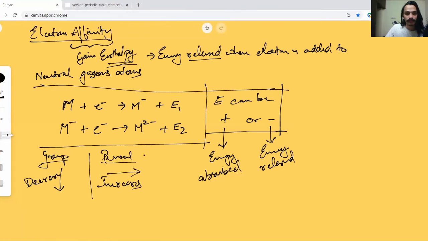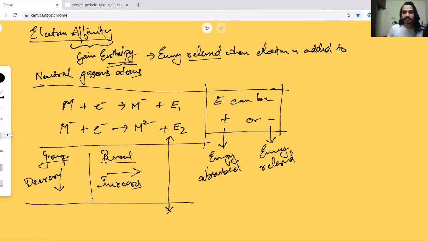Now, what exactly does this depend upon? How can we tell which one has higher, which one has lower, and why exactly? Pretty much the same factors that we talked about in the last class. If you remember, we spoke about five things: shielding effect, nuclear charge, atomic size, penetration power.